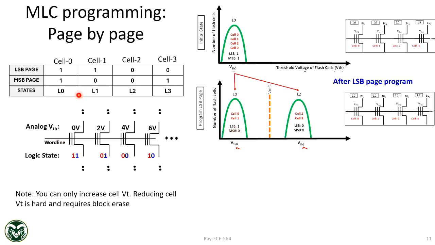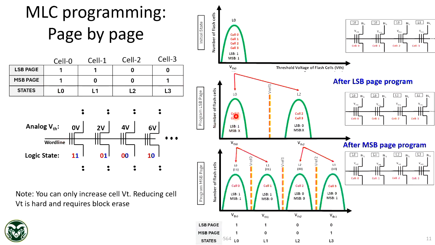Now, if you want to write MSB data, it will split this way. If MSB is 0 and LSB is 1, it will go here. And if LSB is 0 and MSB is 1, it will go here. So programming can take place step by step.